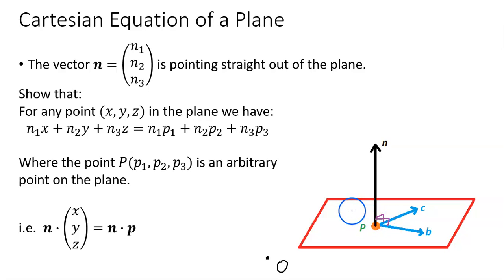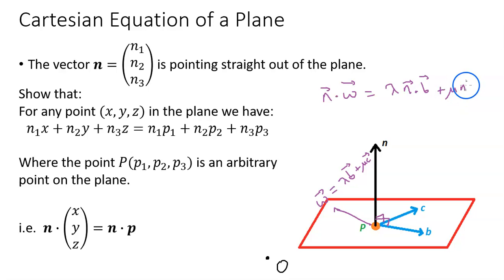And since every other vector in the plane, say this vector here, let's call it W, is some multiple of B plus some multiple of C, then we have n dotted with W is equal to lambda times n dotted with B plus mu times n dotted with C. And since n meets B and C at 90 degrees, this is lambda times 0 plus mu times 0, which is 0.